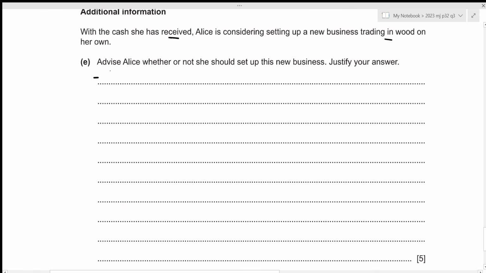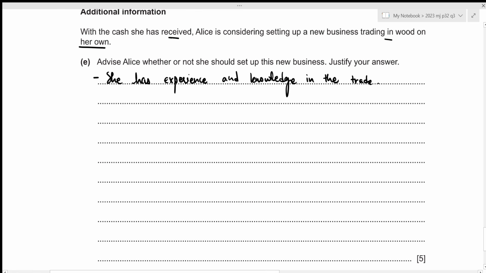Let's write it down. She has experience and knowledge in the trade. Next, she is considering setting up a business in the trading world on her own.